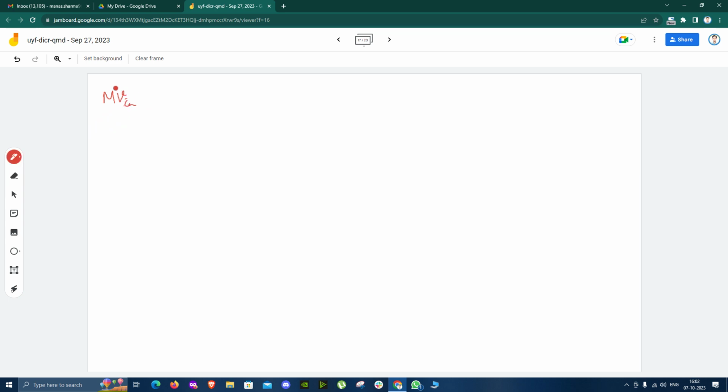So velocity of the center of mass multiplied by mass of the system will be equal to M1 V1 plus M2 V2 plus M3 V3 so on Mn Vn.